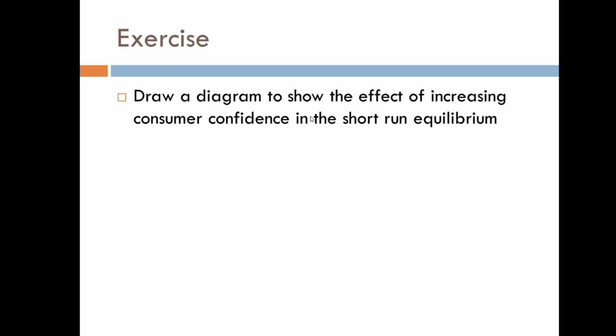When you have to draw a short run equilibrium diagram, show the effects of increasing consumer confidence on the short run equilibrium. So if that is the question, how are you going to draw your aggregate demand and supply diagram in the short run?